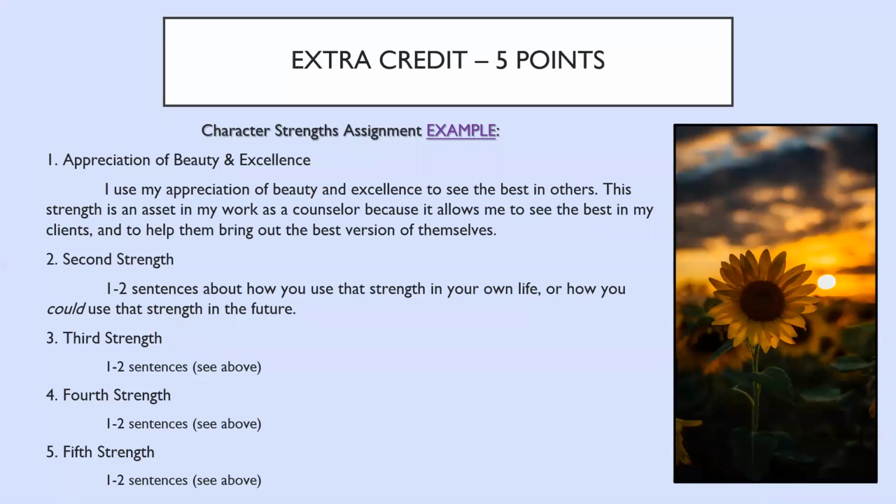This is just an example. There are different strengths, so that one might not pop up as your top 5. There are a whole plethora of things like wisdom, curiosity, humor, I believe is one. So whatever your top 5 are, you'll write those 1 to 2 sentences about them.